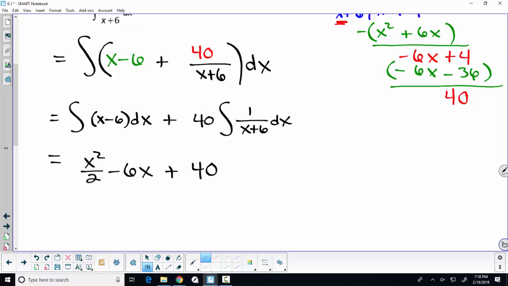What's the antiderivative of 1 over x plus 6? ln of x plus 6. Right. So that's already in log form, natural log, absolute value of x plus 6. The derivative of x plus 6 is 1. This is already in log form. If you can't see that, fine, then you just use a u substitution there on that third antiderivative.